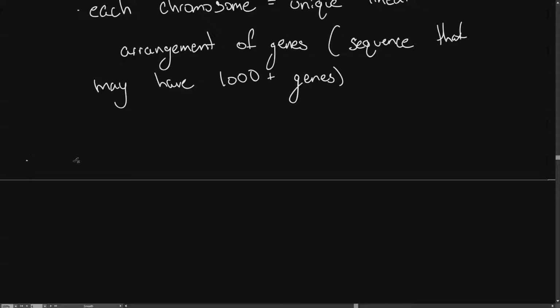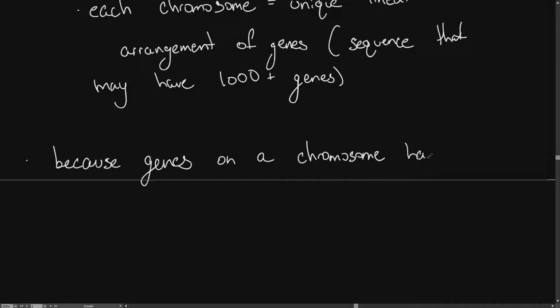And one more point here is that because genes on a chromosome have a specific location and order, in this case, the location and the order are the same because a gene takes its position along the chromosome, and this will also be the same as its order when in comparison to the genes in front and behind it on the chromosome.